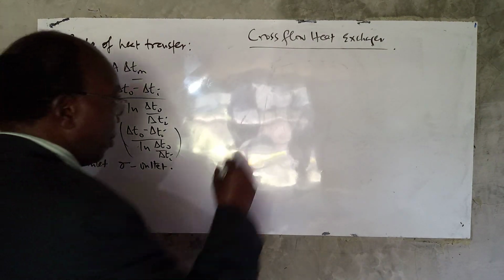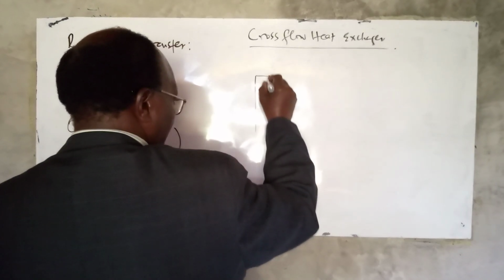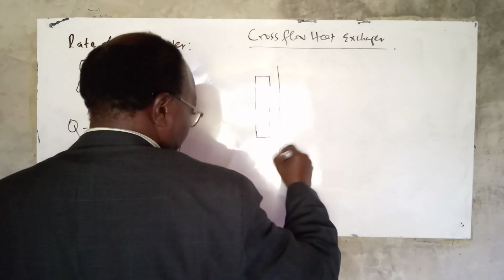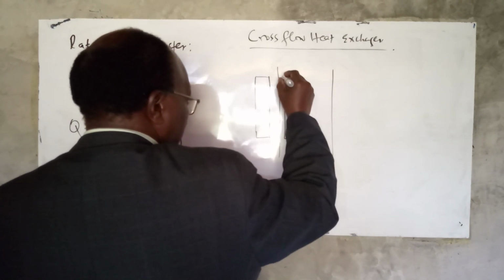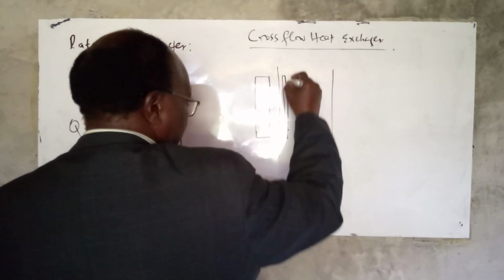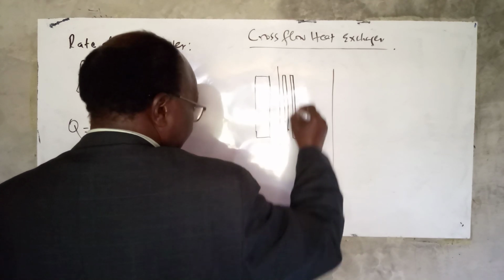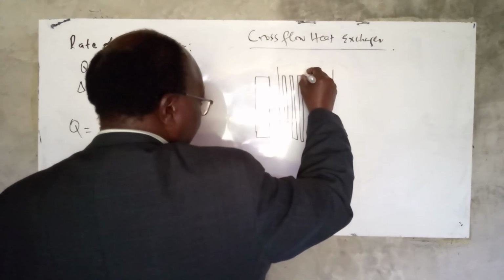Diagrammatically, it's a very simple structure. Let's just draw. Don't worry, my lines might not be very straight. They are not drawn to scale, just for illustration purposes.